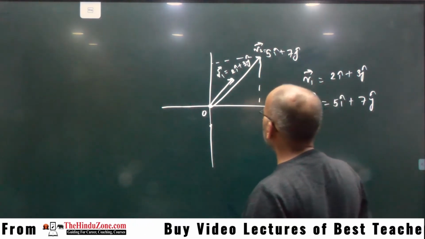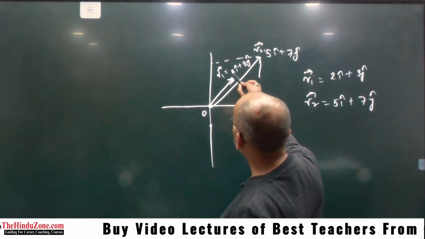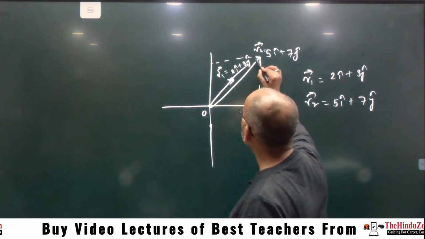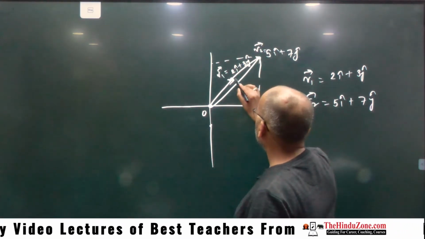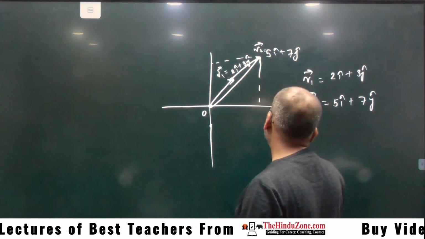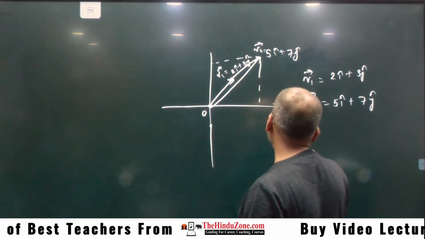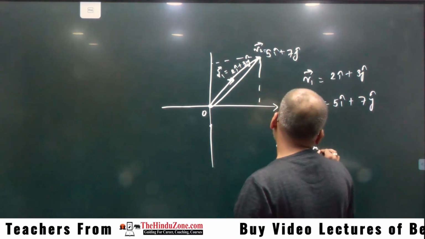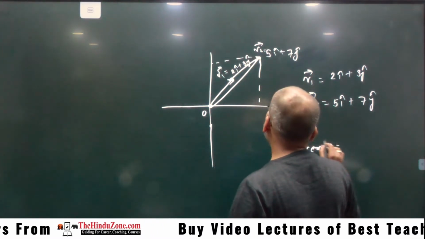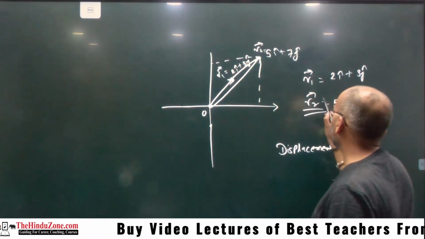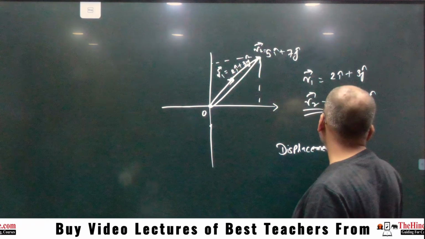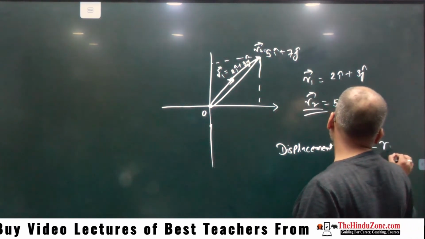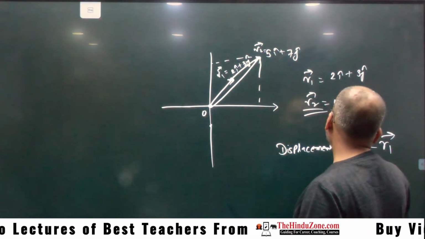Now if I ask you, what is the displacement between r1 and r2? So please see, you have to find the third vector. The third vector is known as the displacement vector, and it is equal to the final position vector, that is r2, minus the initial position vector, that is r1.